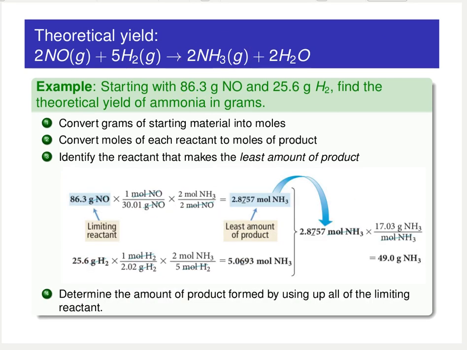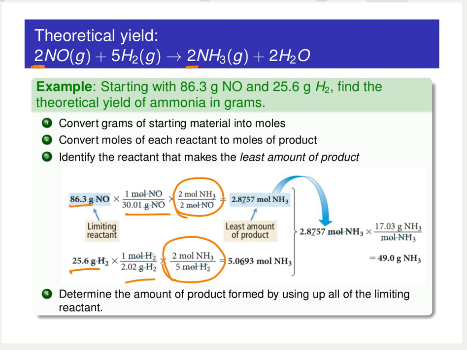So plugging in the numbers, we have 86 and 25. We're going to divide by the molar masses. We are then going to multiply by those ratios, that mole-to-mole conversion factor, where we are constructing conversion factors based on those stoichiometric coefficients.